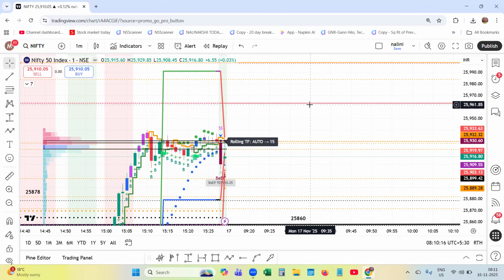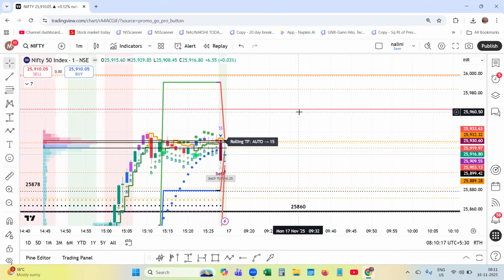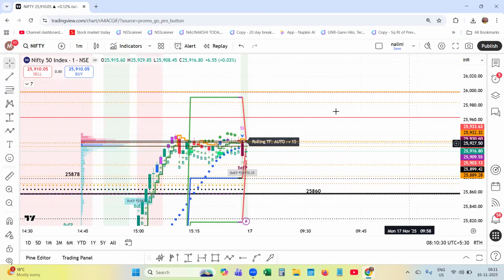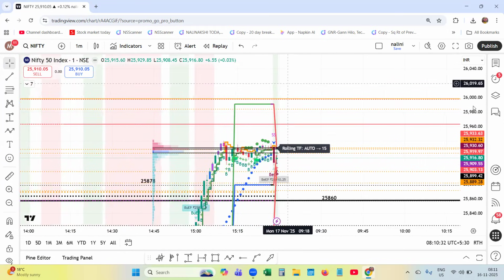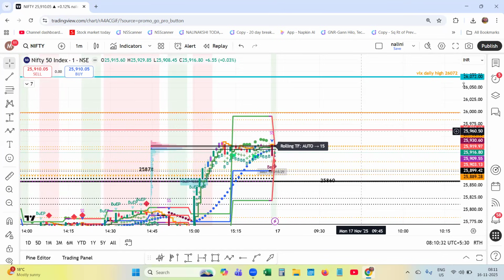If the call writers get trapped, and 15-minute call writers get trapped, the market can even go past this level, 25,960 to 25,980. And in my weekly level calculation, it gives me 26,072.